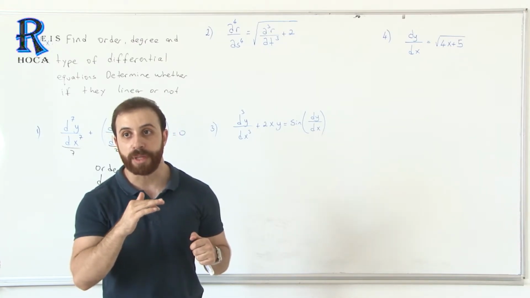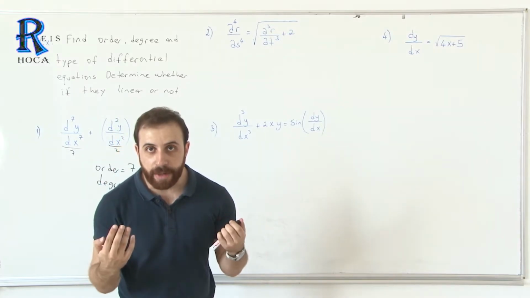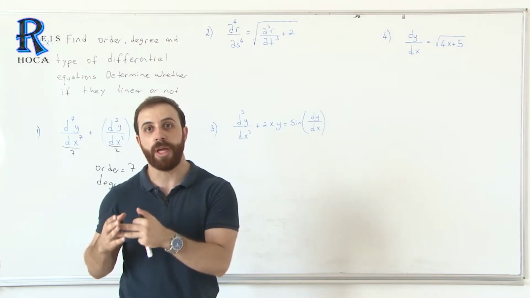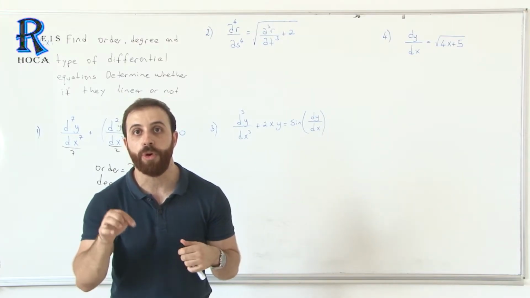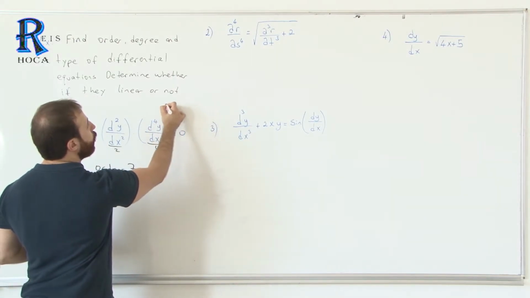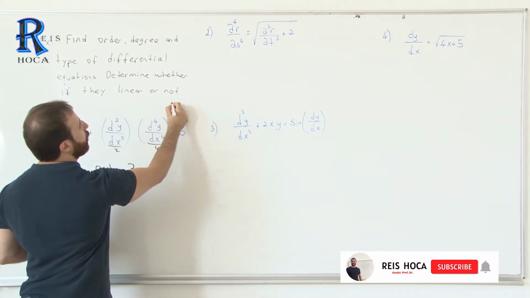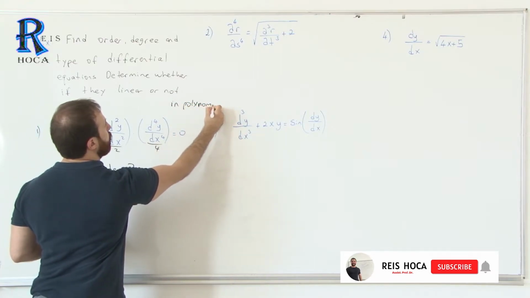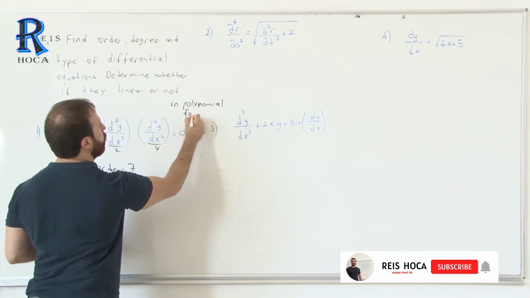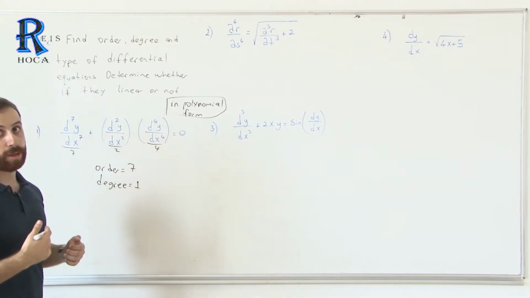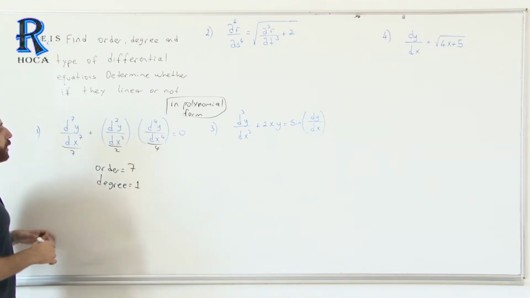Degree cannot be defined. To define degree, the equation according to derivative must be in polynomial form. Okay, this is important. And here degree is 1.